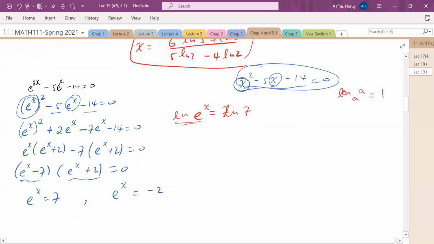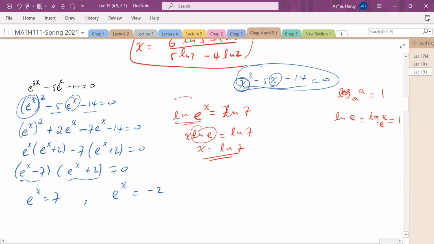And ln e means log of e to the base e, which has the same argument and the same base, so this is just 1. And here, first, using the power property, I rewrite this one, x ln e equals ln 7. ln e is always 1, so we have x equals ln 7.